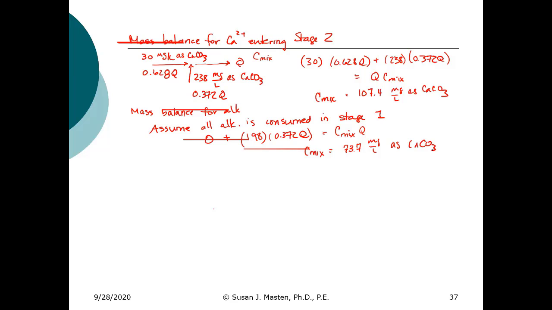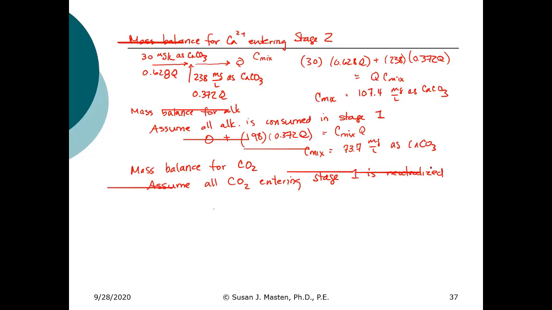The reason I want to do that is because I need to know how much carbonate hardness I have due to calcium. We also need to do a mass balance for CO2. We'll assume that all of the CO2 is neutralized. So all of the CO2 entering stage 1 is neutralized. So again, that's 0.